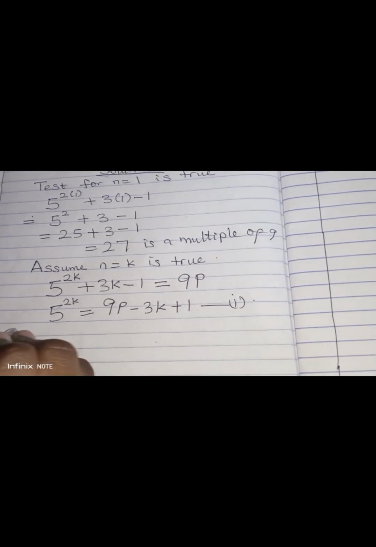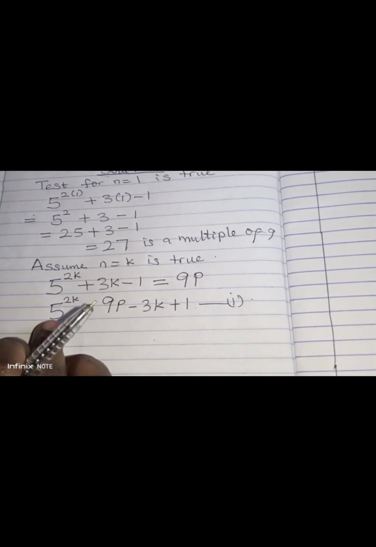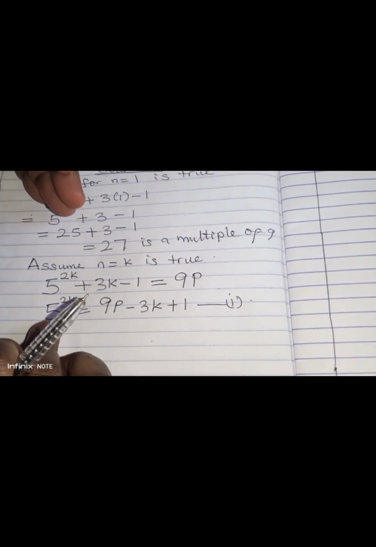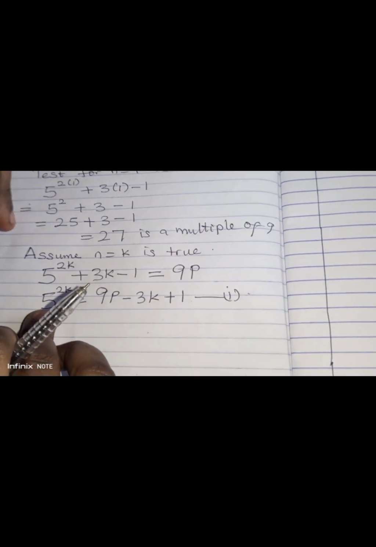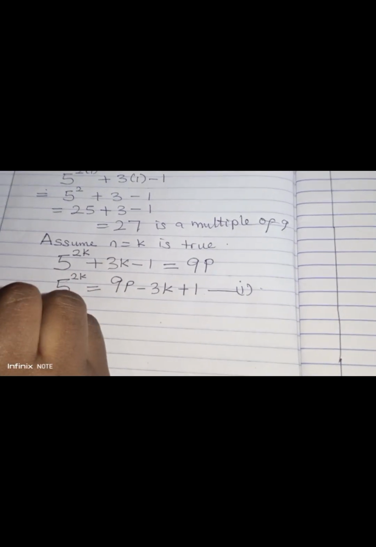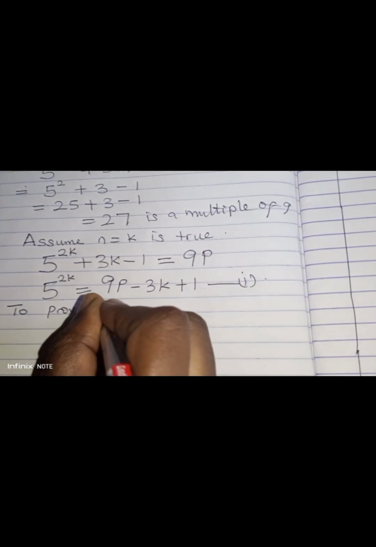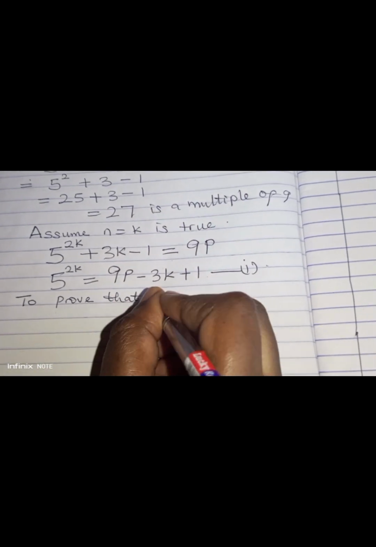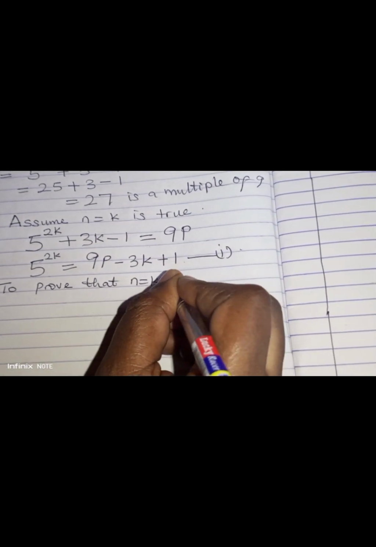So the next thing is that we want to prove that the next number after k, which will be k plus 1, will be true if n is equal to k is true. So prove that n is equal to k plus 1 is true.